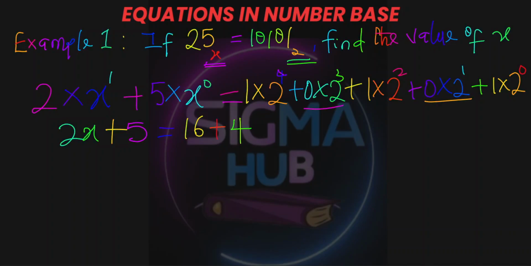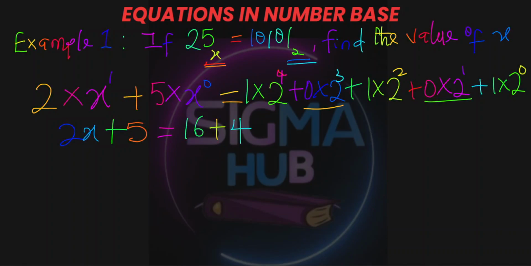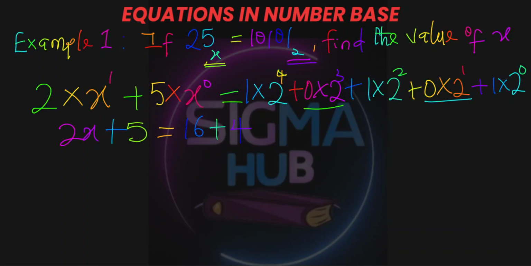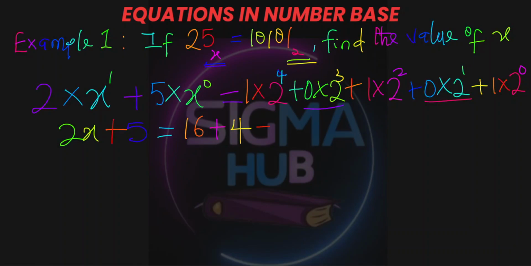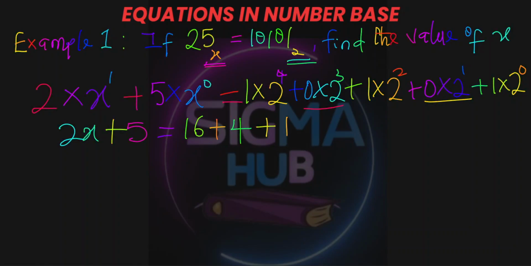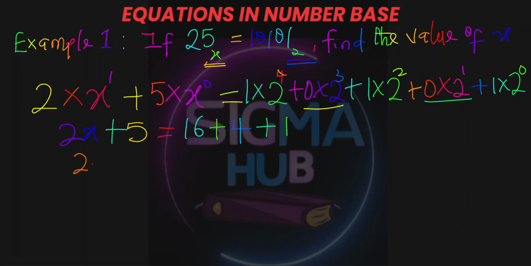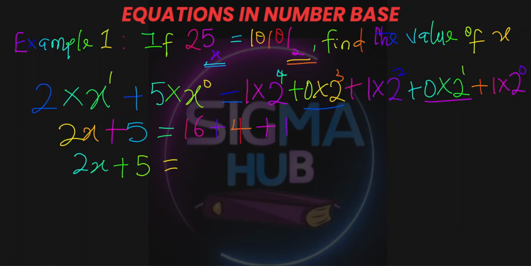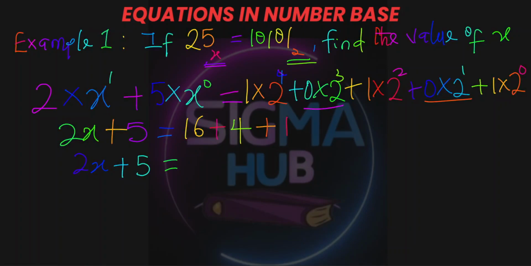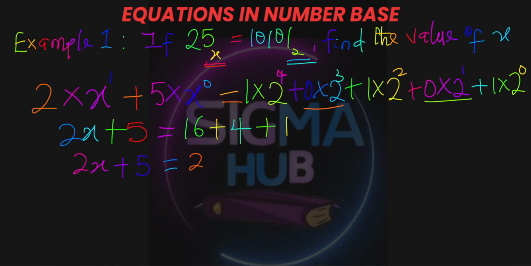This is also going to be 0 because 0 multiplied by any number is 0. Then 2 raised to power 0 is 1, 1 times 1 is 1, so we have plus 1. So we have 2x plus 5 equal to 16 plus 4 is 20, 20 plus 1 is 21. So everything is equal to 21.